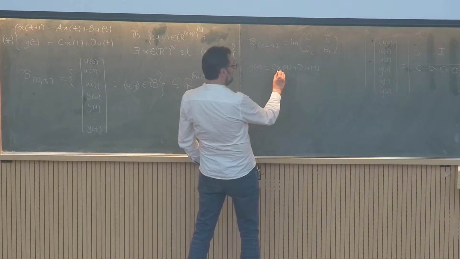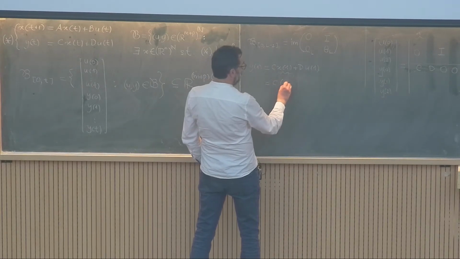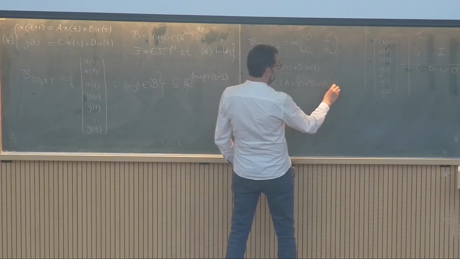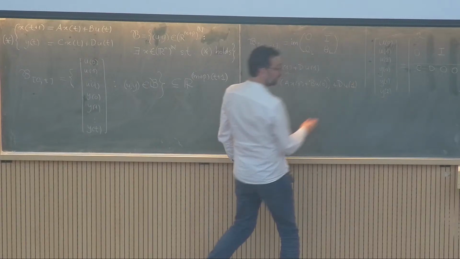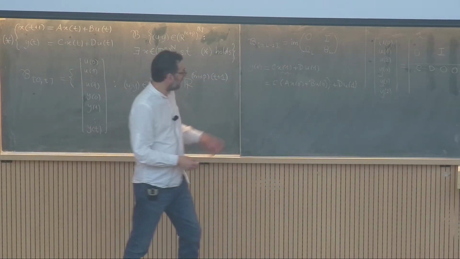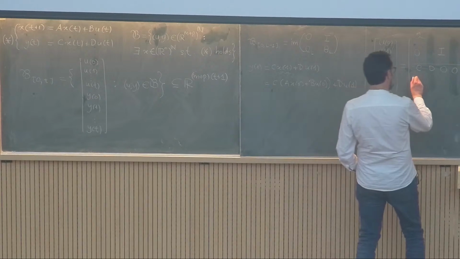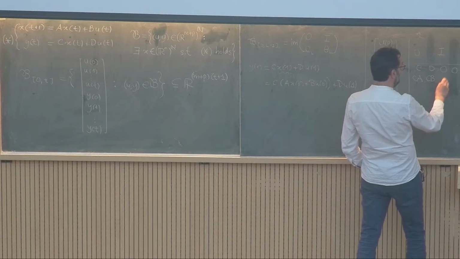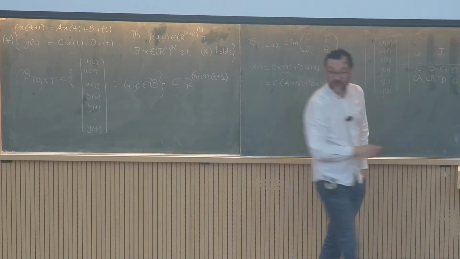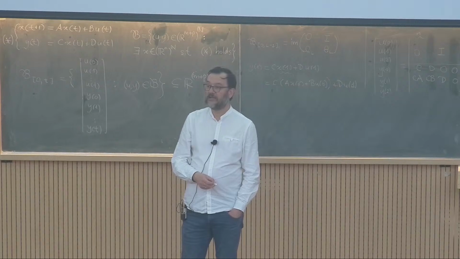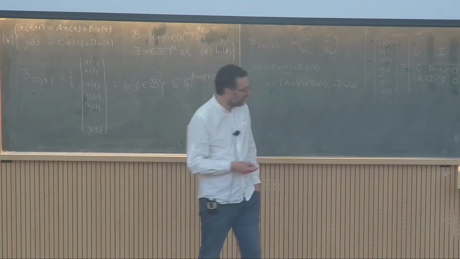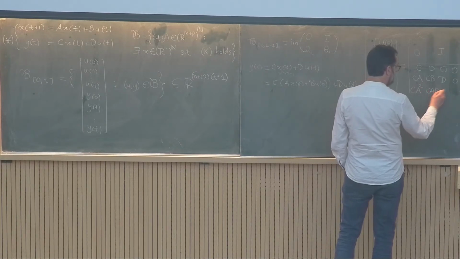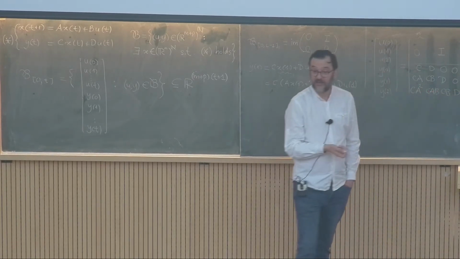But this is equal to a x of 0 plus b u of 0. Therefore, y1 is equal to c times a times x0 plus c times b times u0, d u1 and 0. I continue doing this, and I'm going to have c a to the power 2 here, c a b here, c b here, and d here. Right?